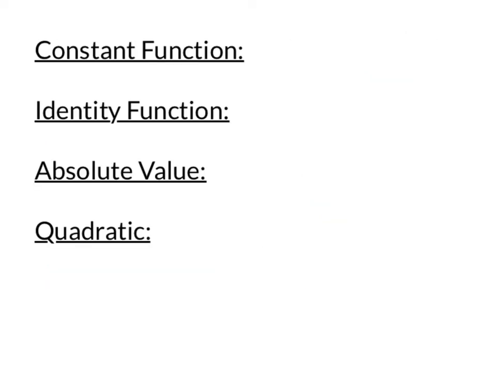What you need to remember are the four basic parent functions. The constant function is f of x is some sort of constant number. It's going to be a horizontal line. The identity function is the same thing that you put in is what you get out. So f of x equals x. It's going to be an oblique line, y-intercept at 0, slope of positive 1.